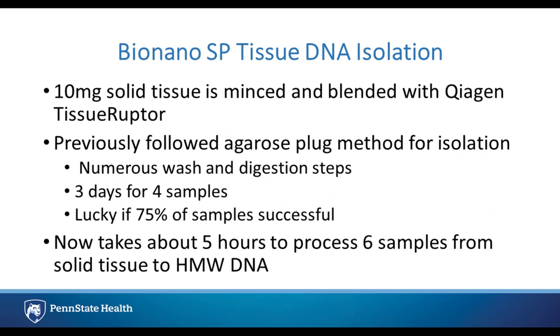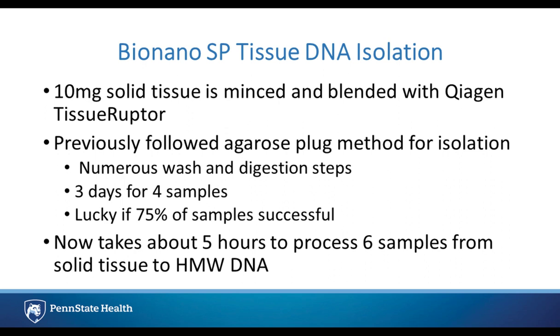And then, in stark comparison to previous protocols, which used the agarose plug method, this has been vastly improved. With the previous method, you would embed the DNA inside an agarose plug for many washing and digestion steps, which would take place over a number of days, typically at least 3 or so. I could process maybe 4 samples during that time, and I was lucky if maybe 3/4 of them were successful.